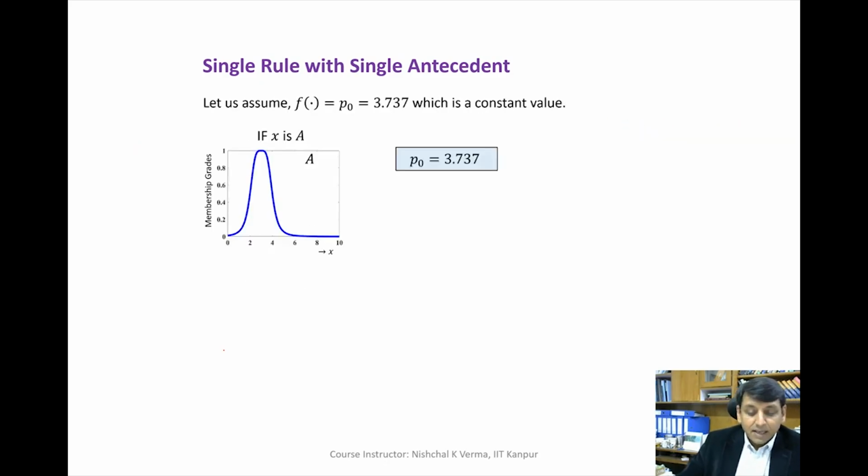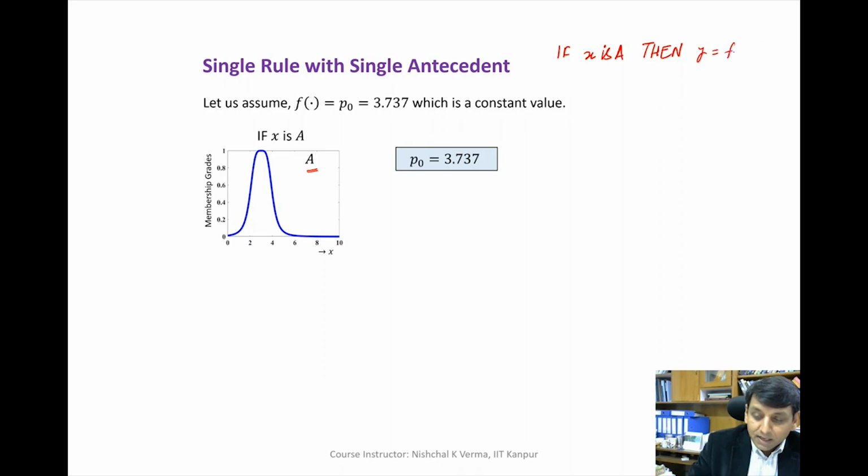If x is a, so x is here, so I can write here the rule that is characterizing this model: if small x is a, then the output here in this case, let's say y.